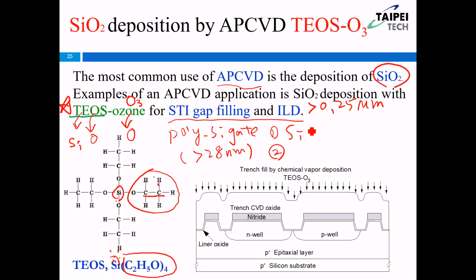One is silane, and the other, right now you know TEOS can also provide silicon. So can you tell me, today if you want to deposit the polysilicon gate by CVD, which precursor you will use?